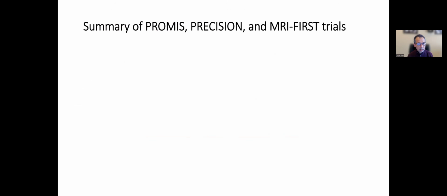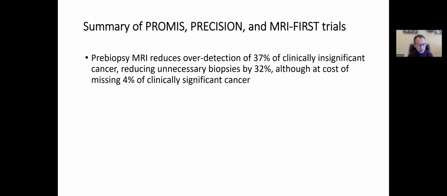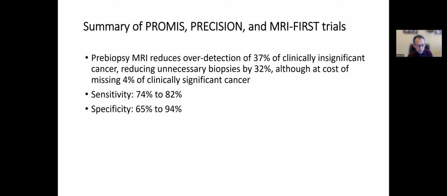So if we summarize these 3 clinical trials, the observation is that pre-biopsy MRI reduces the over-detection of clinically insignificant cancer by 37%, reducing unnecessary biopsies by 32%, although at the cost of missing 4% of clinically significant cancer. Its sensitivity has been reported to be 74% to 82%, specificity 65% to 94%.